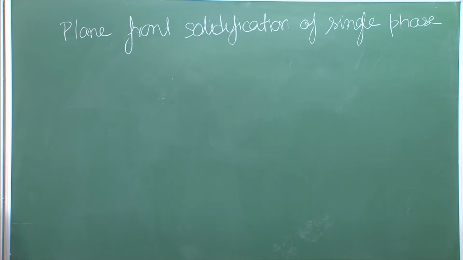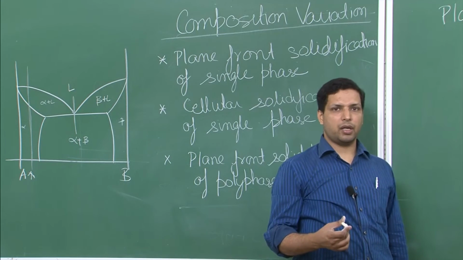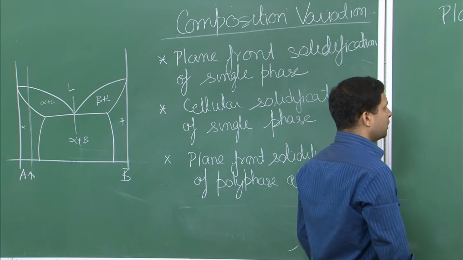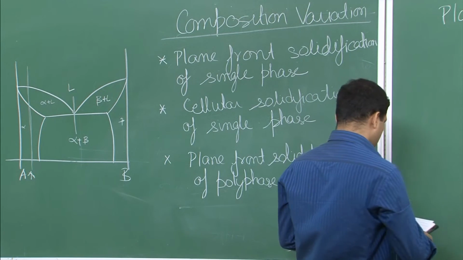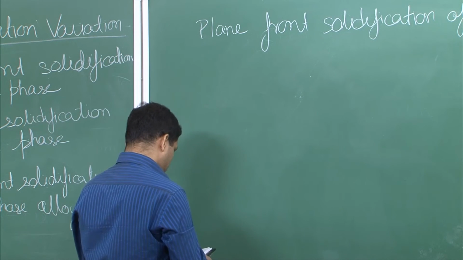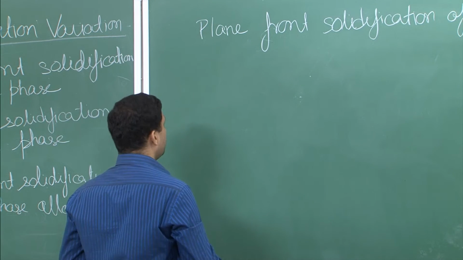Otherwise, if we do not take any assumption, it will be very difficult to formulate any kind of understanding. So some of the assumptions that we inherently take when we are talking about these, one of them is equilibrium at interface.